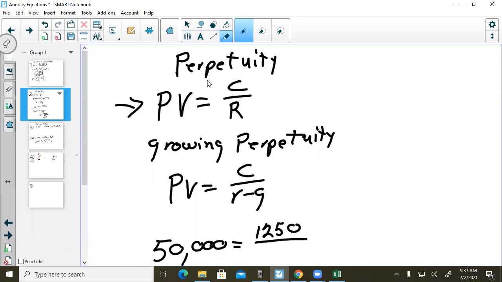So the equation for a perpetuity is the present value of the perpetuity equals the cash flow divided by the interest rate. Basically what's happening with the perpetuity is we have a principal amount, the present value.